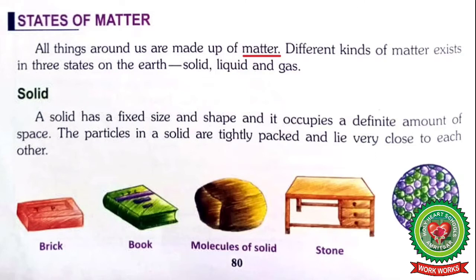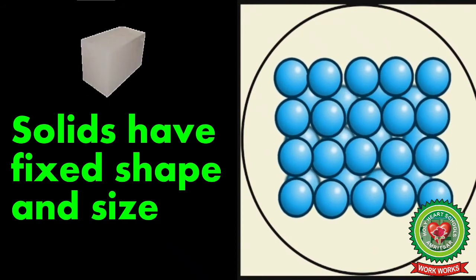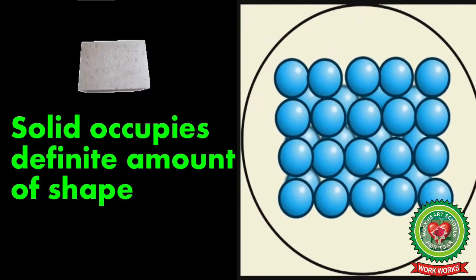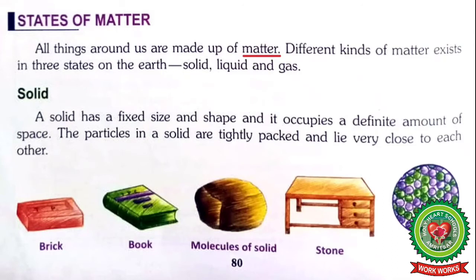A solid has a fixed size and shape, and it occupies a definite amount of space. So students, solid is a state of matter which has fixed shape and size, and it also occupies a definite amount of space. The particles in a solid are tightly packed and lie very close to each other.